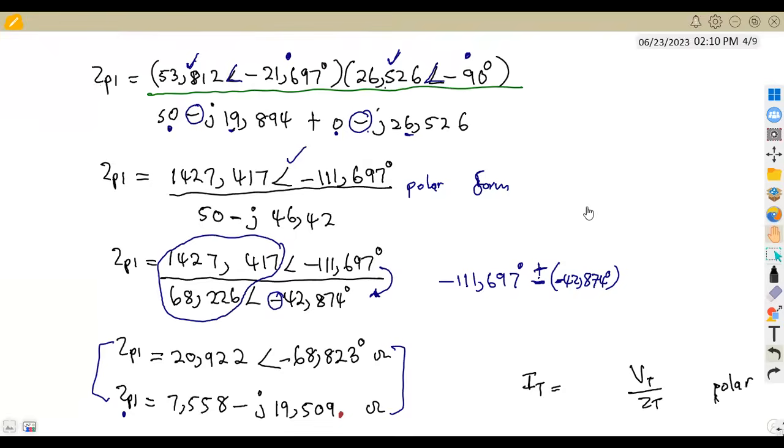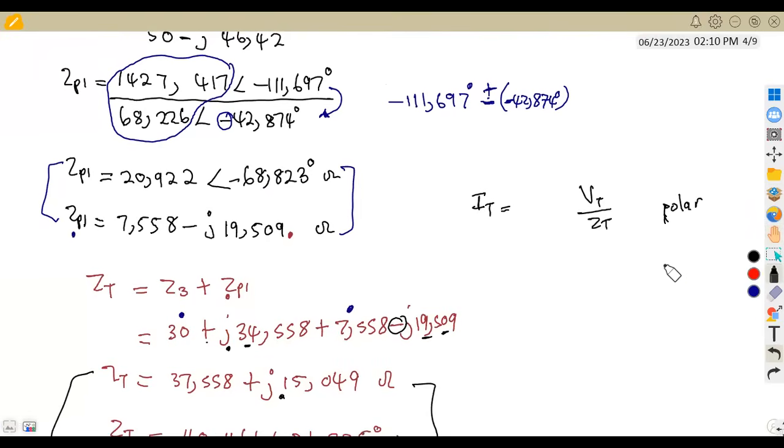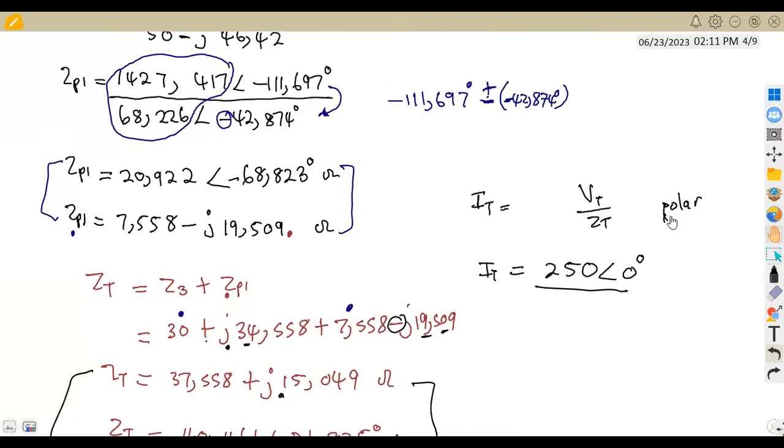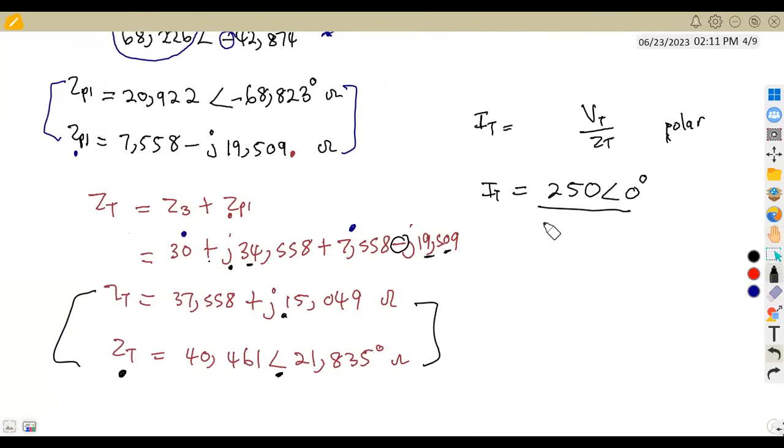All right, so let us put this into our formula. Our total current is going to be the total voltage of 250 volts at an angle of 0 degrees divided by the total impedance in polar form. And our total impedance in polar form was 40.461 angle of 21.835 degrees.